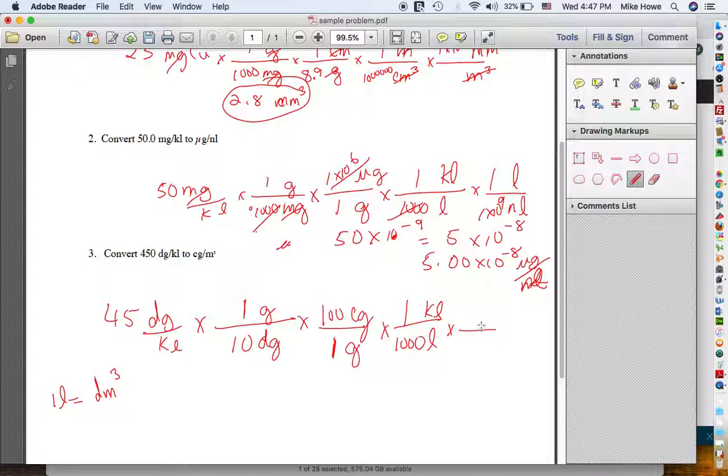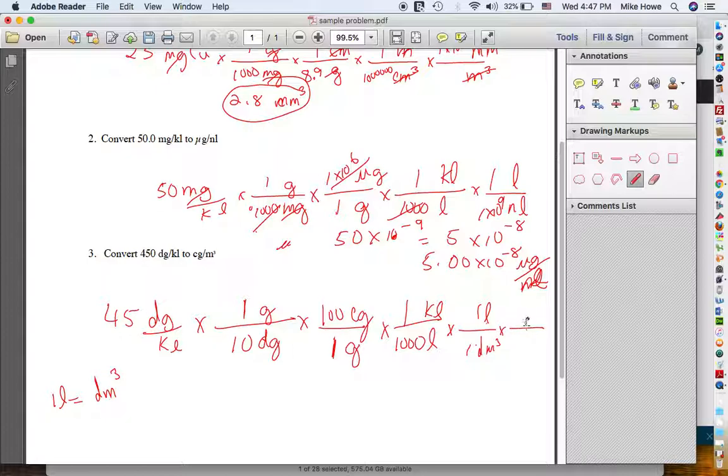Then I would put liters on top, or if you know that a liter and a cubic decimeter are the same thing, well, let's just write it out. So you put a liter here, cubic decimeter here, it's 1 to 1.